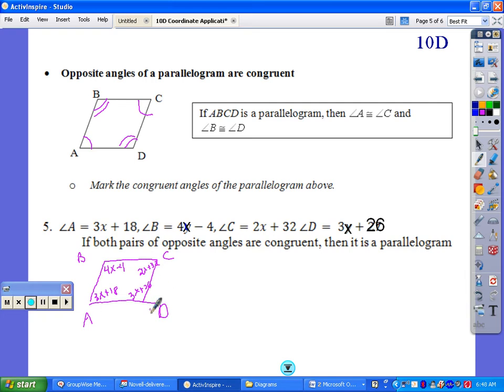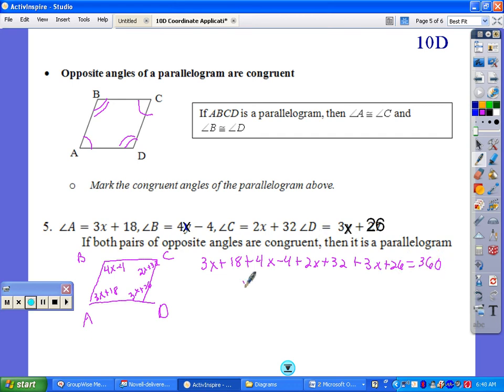So we're trying to prove this is a parallelogram. So to do that, we need to realize that the 4 angles in a quadrilateral add up to 360. So we need to find x by adding our 4 angles up to 360 because all quadrilaterals' angles add up to 360.